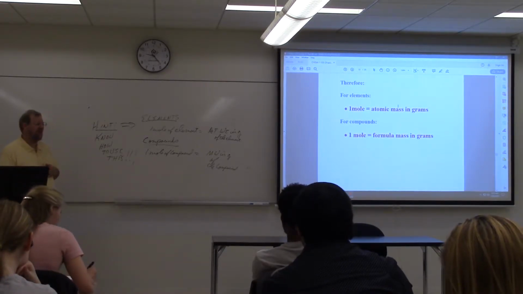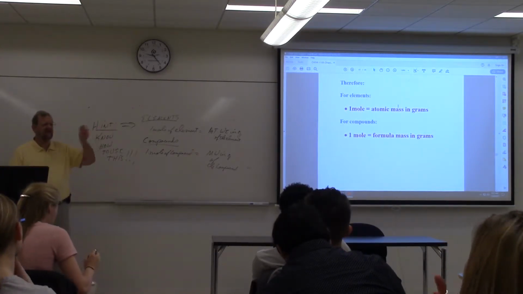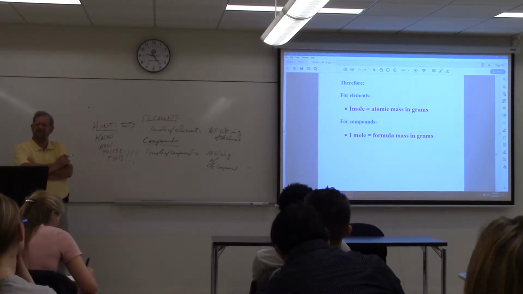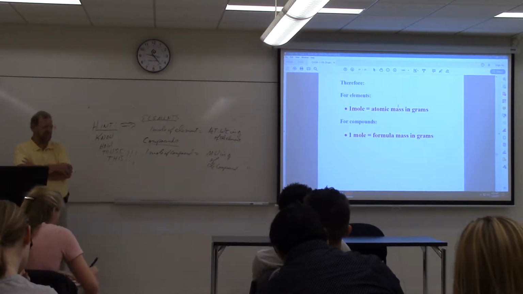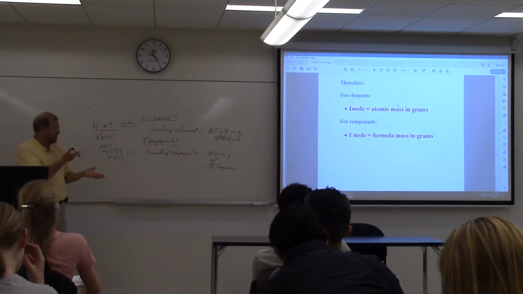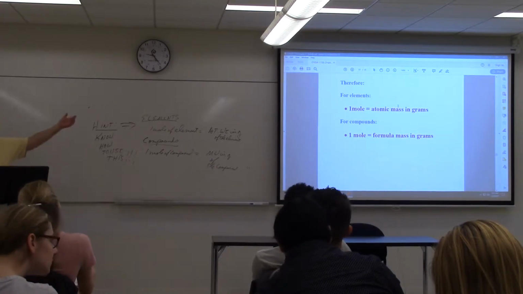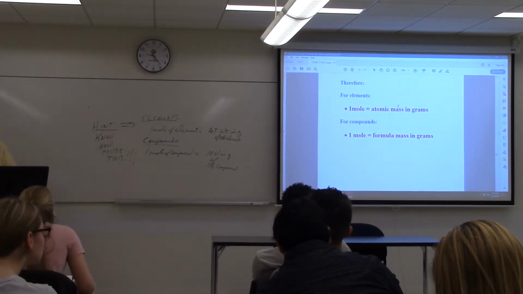Now, one of the things that happens around now is students get confused. And they say, I thought you said 1 mole equals Avogadro's number, 6.02 times 10 to the 23rd. And the answer is yes, it does. Well, how can it also equal this? Well, let's assume I had 12 tennis balls. How many tennis balls do I have? 12.